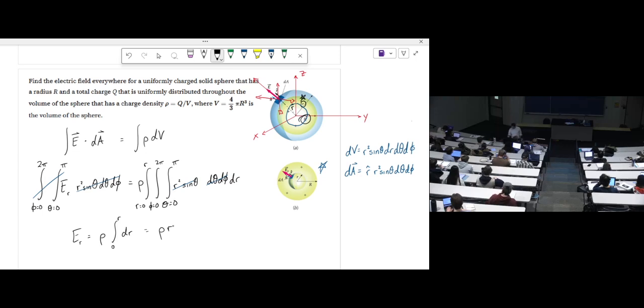And what we might do instead, because they give us here that rho is equal to Q over V, so that's going to be equal to, let's see here, E sub r is equal to Q over the total volume times r. And that's equal to Q divided by 4/3 pi big R cubed times r.